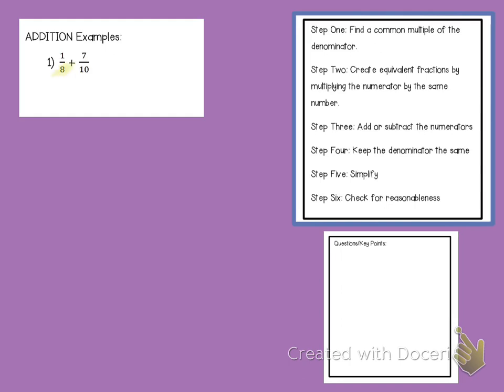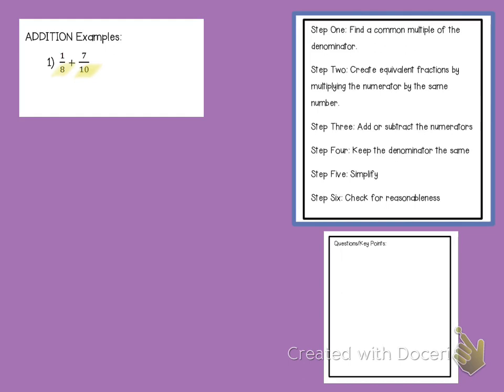So our first step is to look at the 8 and 10 and know that a common denominator is what is a common multiple that both of these numbers share. And right off the bat, my mind thinks of 80.